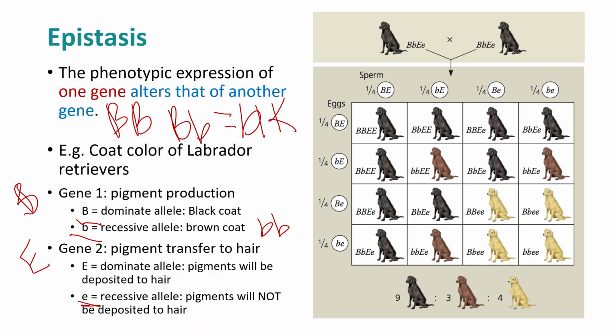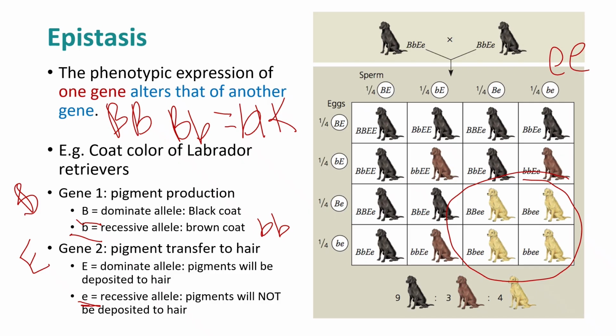So the problem with these two genes is that if the dog is homozygous recessive for pigment deposit, it doesn't matter if it's black or brown pigment being produced, because no pigment can be sent into the hair in the first place. So if it's lowercase e, lowercase e, it's going to appear white or yellow. Sometimes we say yellow labs, right?